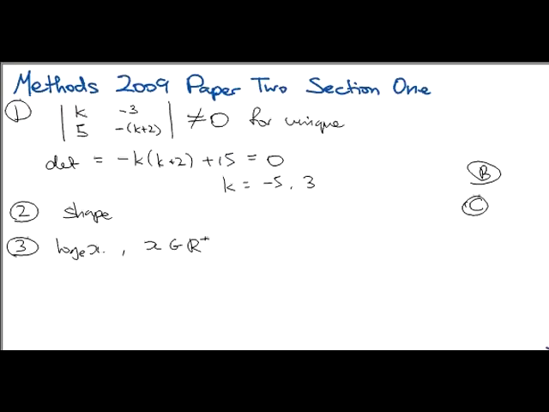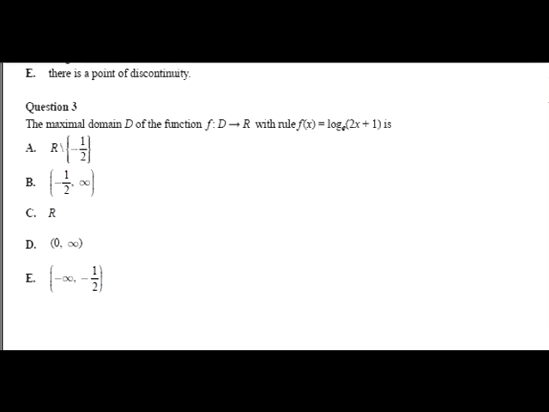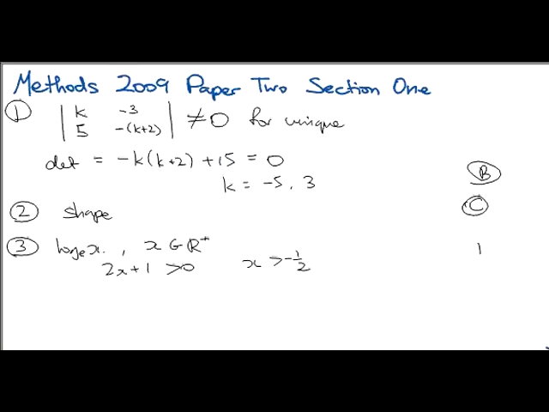So 2x plus 1 bigger than 0, you're going to get x bigger than negative half. And you come back here and you say, great, x bigger than negative half, or if you express it in interval notation, you get negative half to infinity. So, B. There.